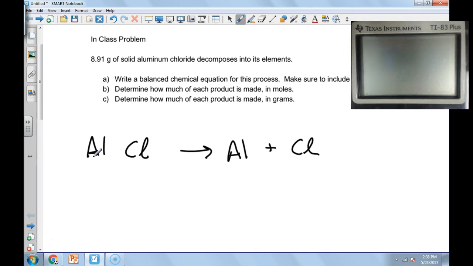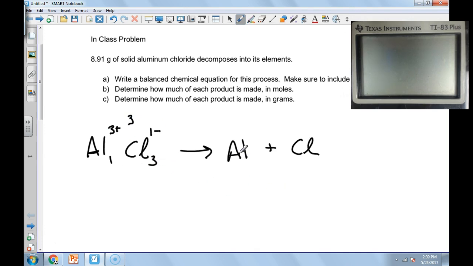Now, what we need to do is make sure that we have the right formula for all the parts of the reaction. We do that by remembering how to write, in this case, ionic compounds. Aluminum, remember, is a 3+ charge. Chlorine is a minus. The least common multiple is 3, so we need one of those and 3 of those.